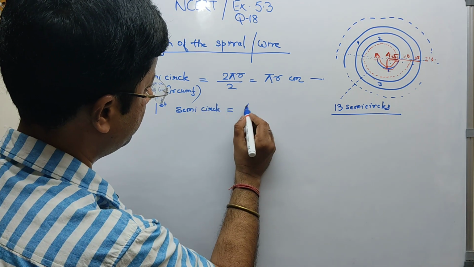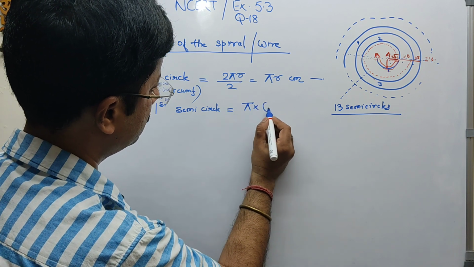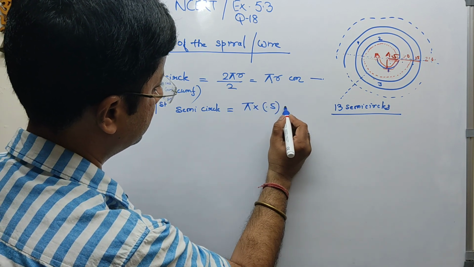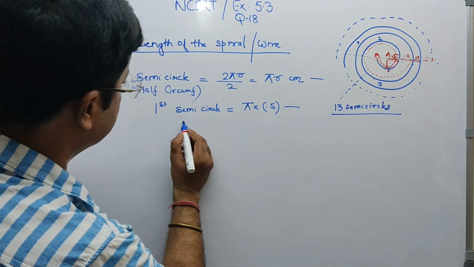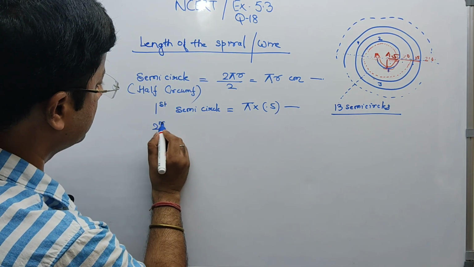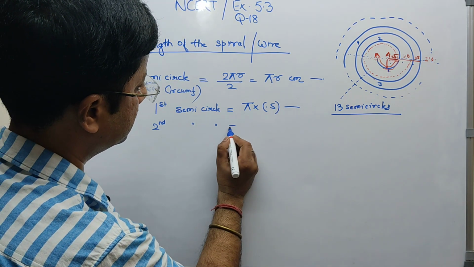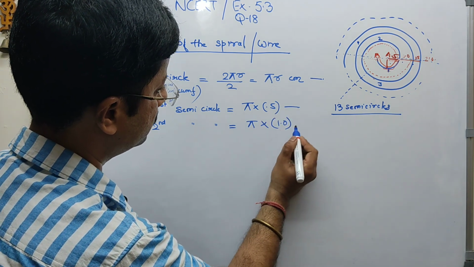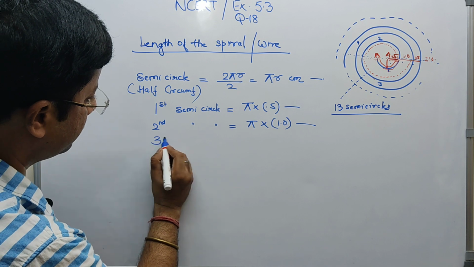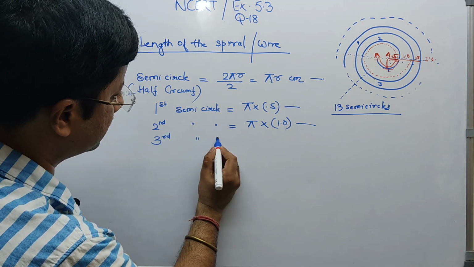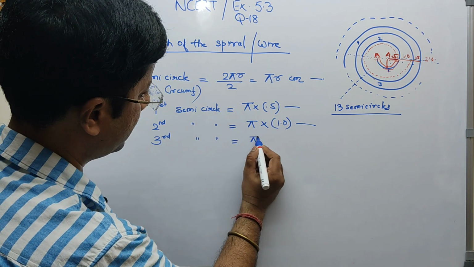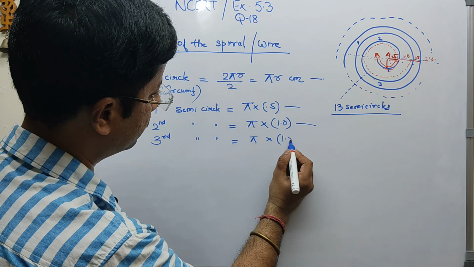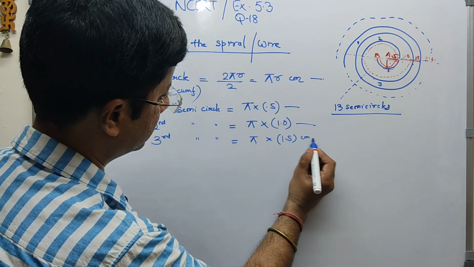So the first semicircle equals pi into 0.5 centimeter. The second semicircle is pi into 1.0 centimeter. Then the third semicircle equals pi into 1.5 centimeter.